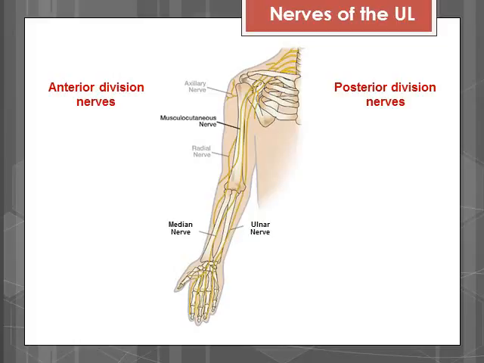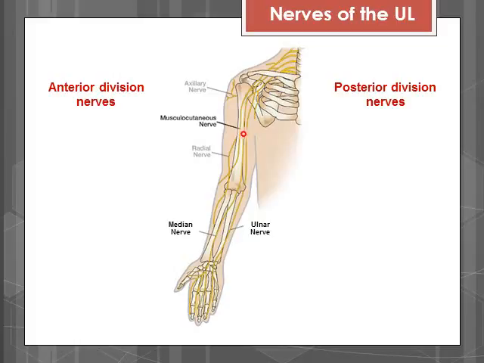I mean, the anterior division nerves that include the musculocutaneous nerve, median nerve, and ulnar nerves with other nerves discussed before are distributed to the regions of the upper limb that represent the embryonic ventral surface.